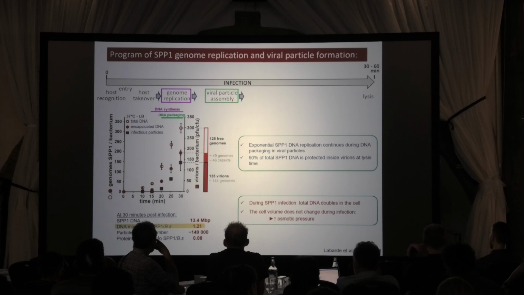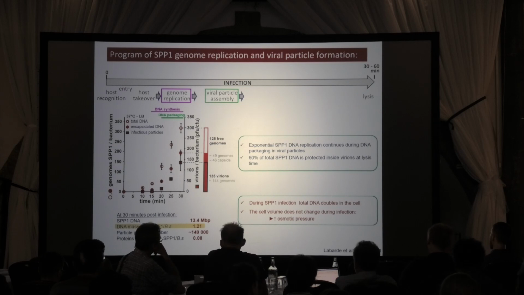So the real challenge for the cell is that during SPP1 infection, the total DNA doubles within a short period. The cell volume we measured does not change during infection, so this means you just raise the osmotic pressure a bit inside the cytoplasm.